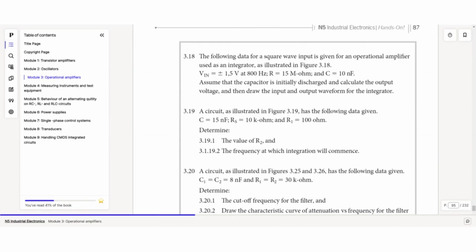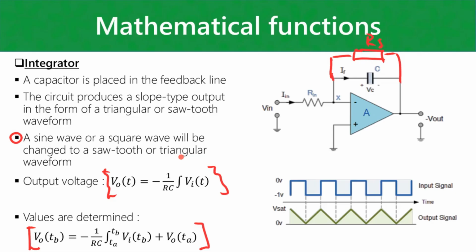Okay, but I'm not going to work with the values. I'm just going to work with RC the whole time. It's just going to make things a wee bit easier. Let me quickly jump to the whiteboard here.